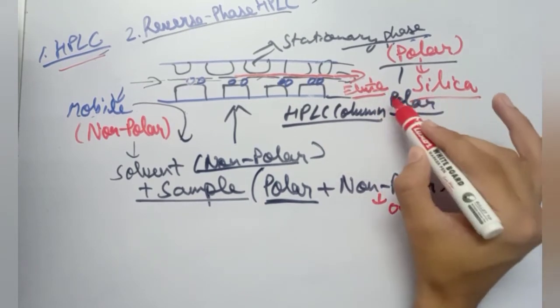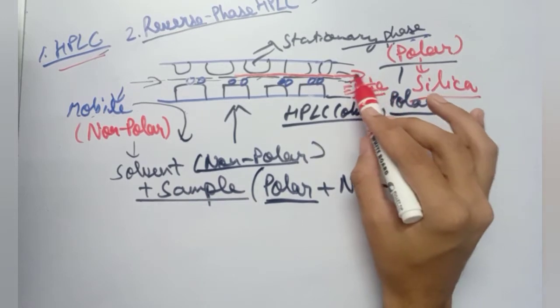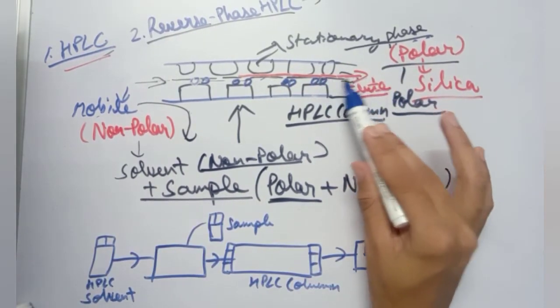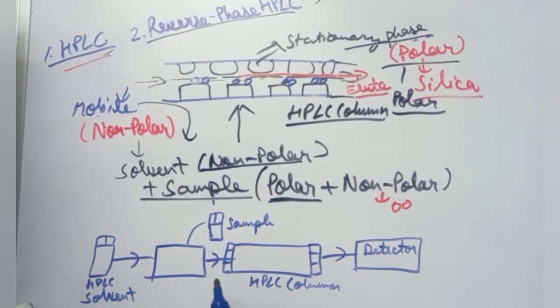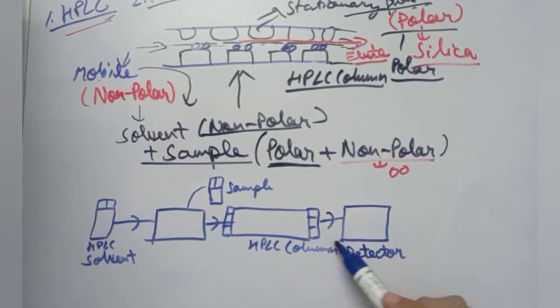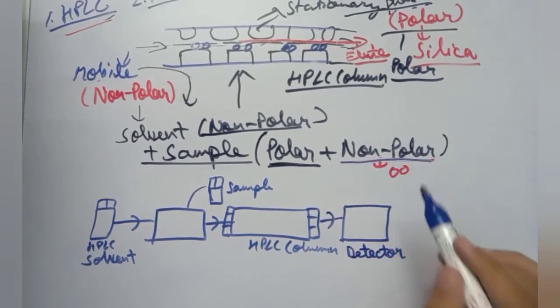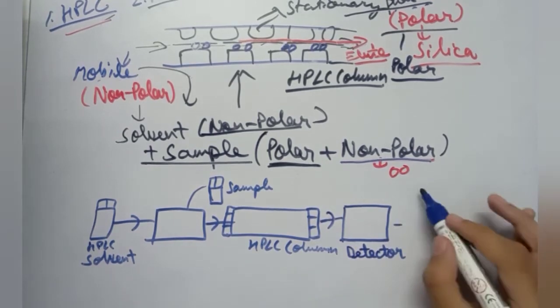Elute out means that it easily passes through the HPLC column and leaves it. As I mentioned in the instrumentation part, from the HPLC column it reaches the detector. The first component that reaches the detector from the HPLC column is the non-polar part. When it reaches the detector, the detector detects the signal and plots a graph.